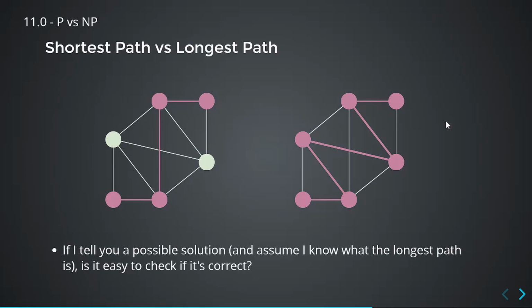Make sure you only hit every vertex once, and make sure you have 5 edges, and you're done. So for both problems, if you have a solution, you can verify it in polynomial time. In fact, with the shortest path, you know you can solve it in polynomial time. But the longest path can't be done in polynomial time. But if you do have a solution, it's easy to verify.